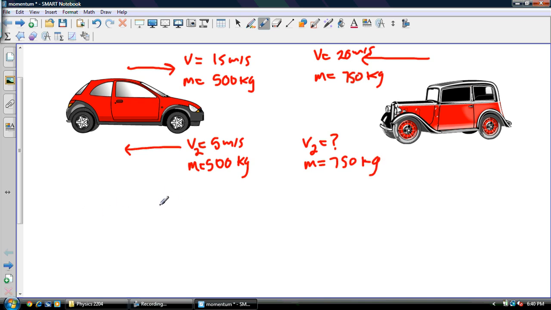So momentum, of course, is equal to mv. For this case, we have the momentum of object 1, m1 v1, plus the momentum of object 2, m2 v2. Actually, I'm going to change the notation a little bit.